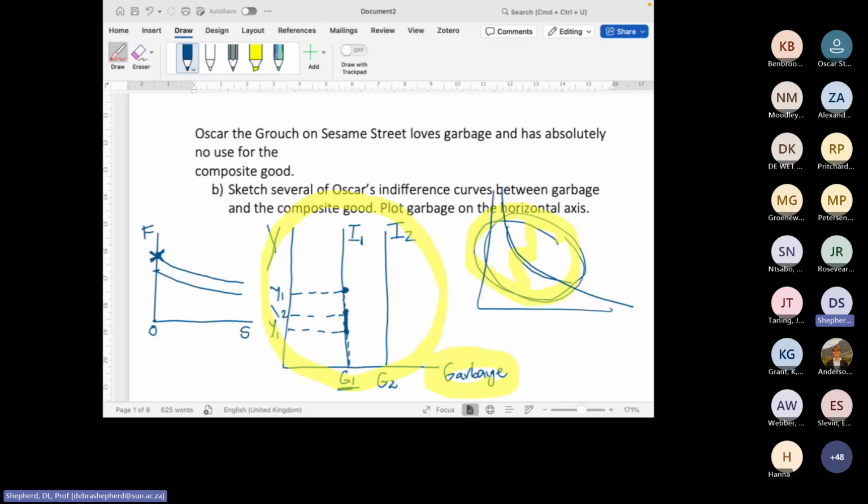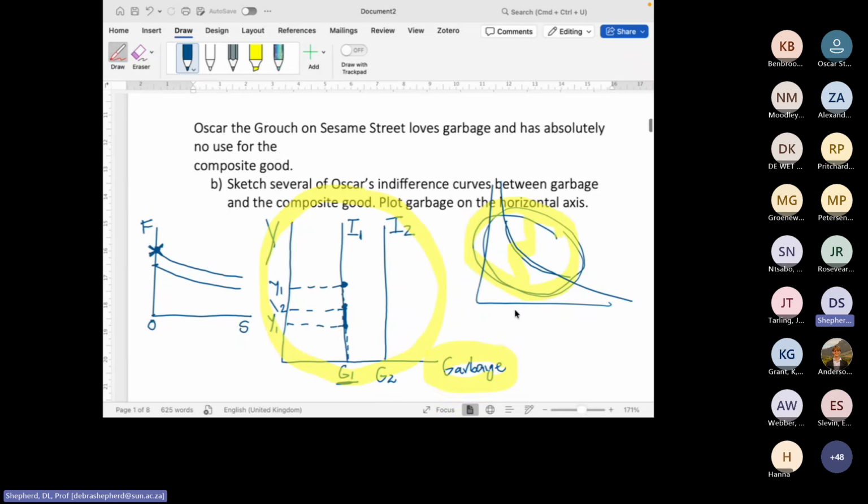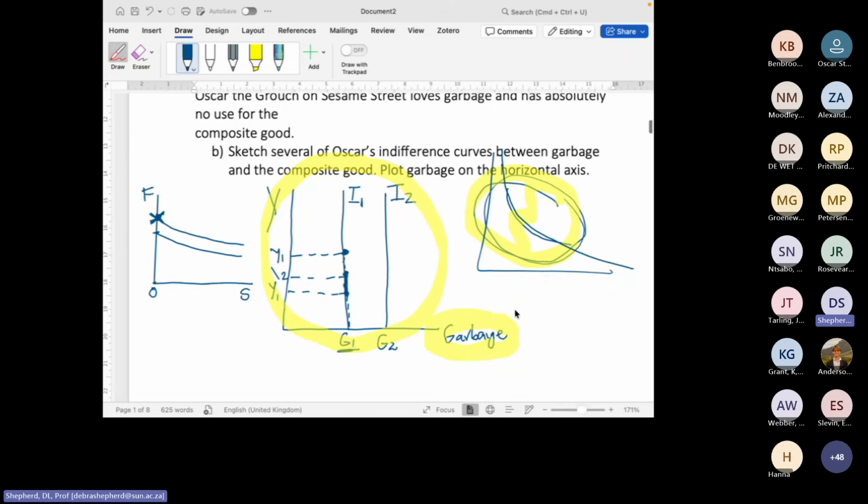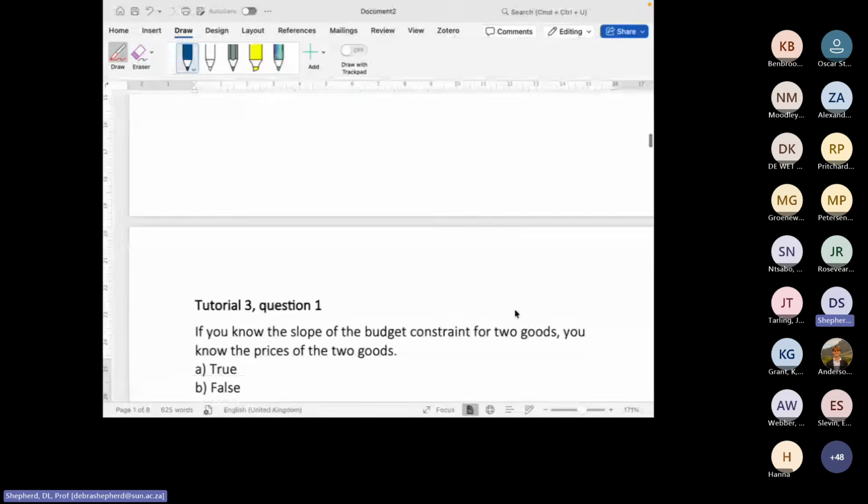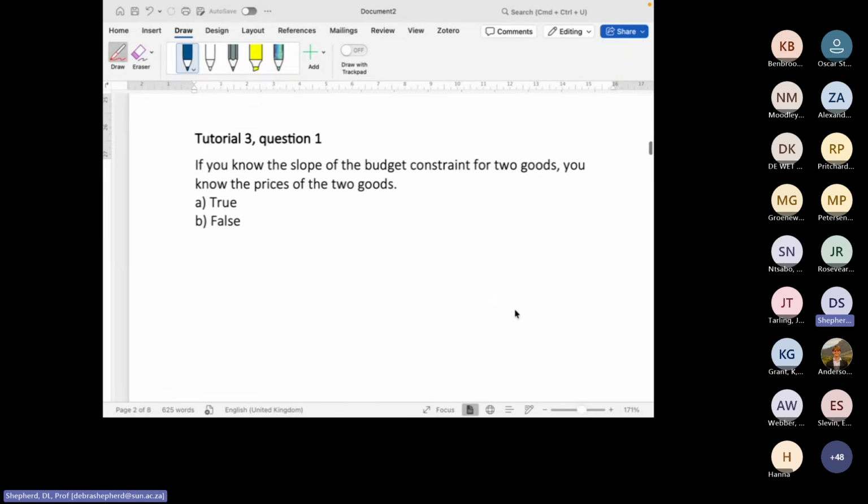It would be impossible for that consumer to get positive utility if they consume nothing of one good. Okay, so this is just a good question to see how indifference curves reveal a consumer's preferences.